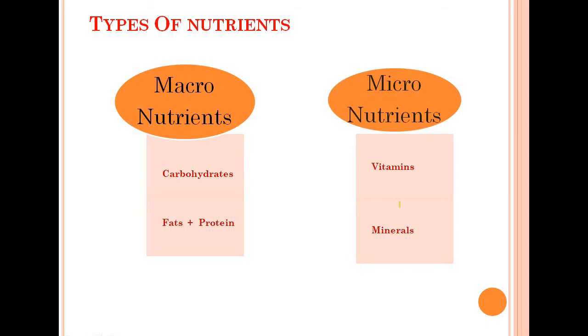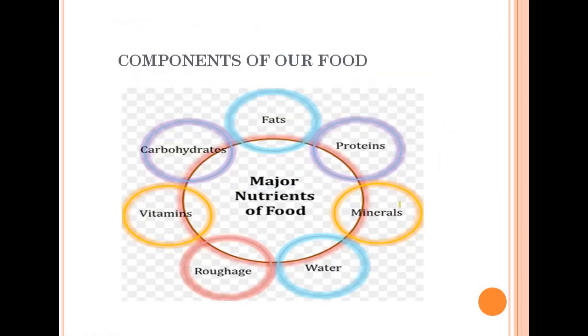So we have the 5 components of our food. What are those? Carbohydrates, fats and proteins are considered macronutrients, and vitamins and minerals are considered micronutrients. But in this mind map you are also seeing roughage and water.